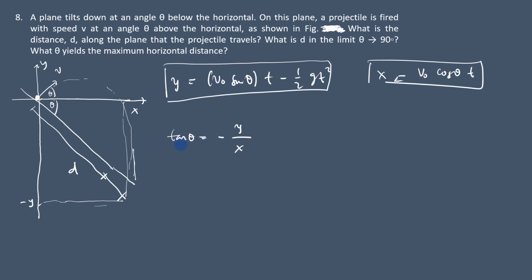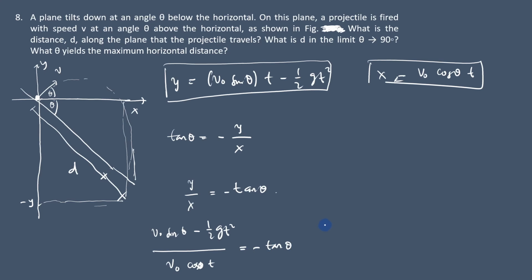So we can write y divided by x equals minus tan theta. Using the expressions of x and y, we have v0 sin theta minus 1/2 g t squared, and x is v0 cos theta times t, of course equals minus tan theta.